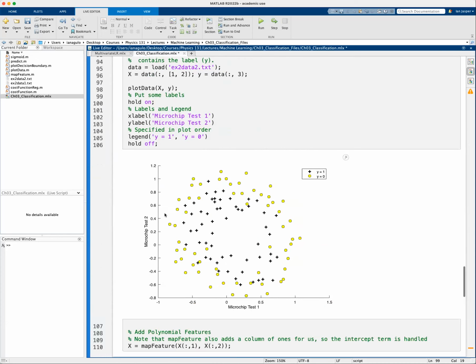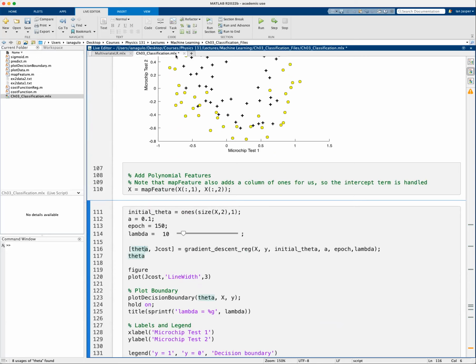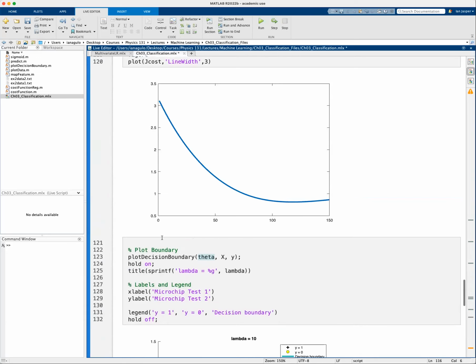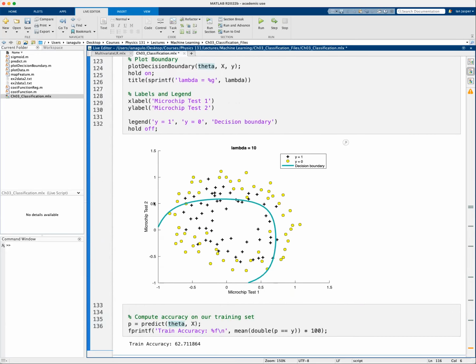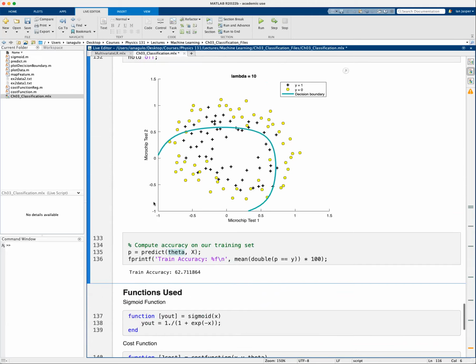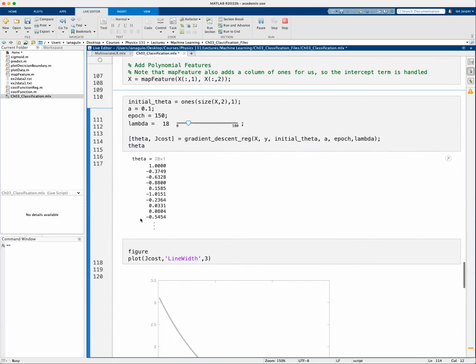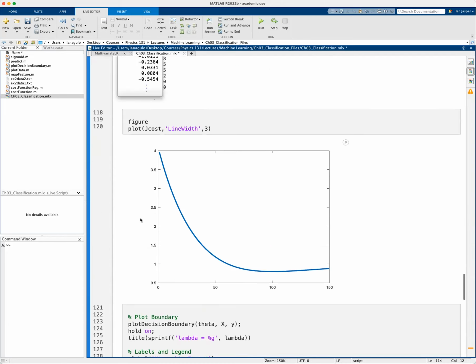Dito naman, ang pinapakita dito ay microchip test so sa semiconductors. Okay, then we plot the decision boundary. Okay, so ganito yung itsura niya. Okay, we can manipulate, for example, yung lambda. Yung lambda dito is the parameter that changes the regularization, where the regularization is applied.